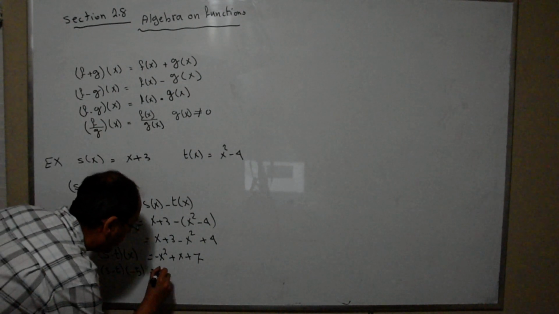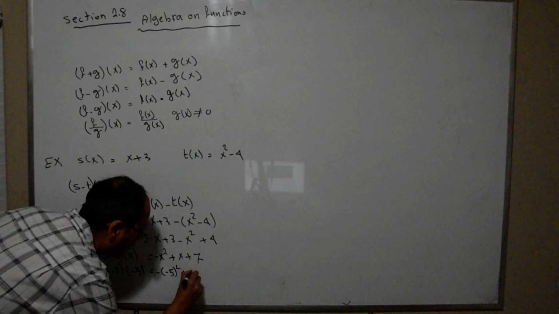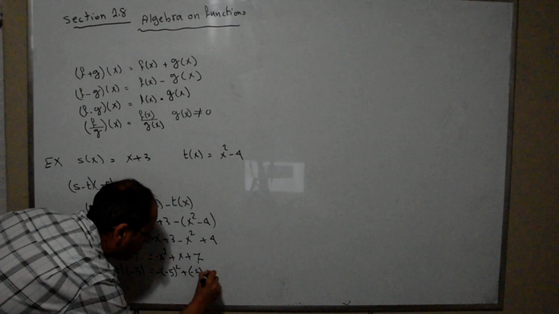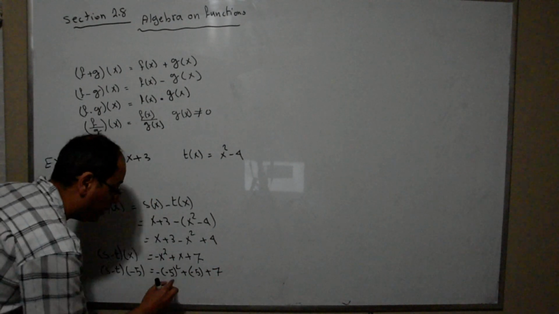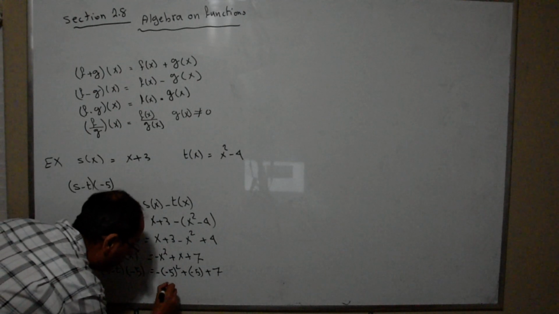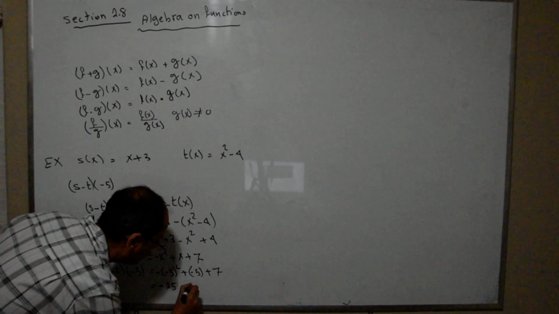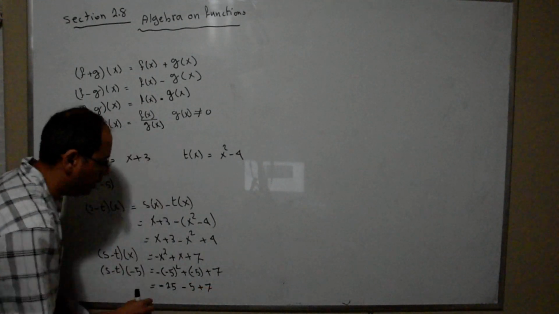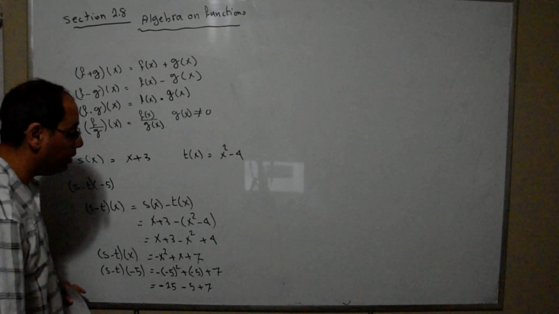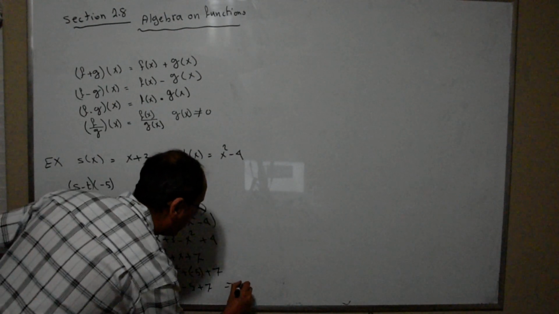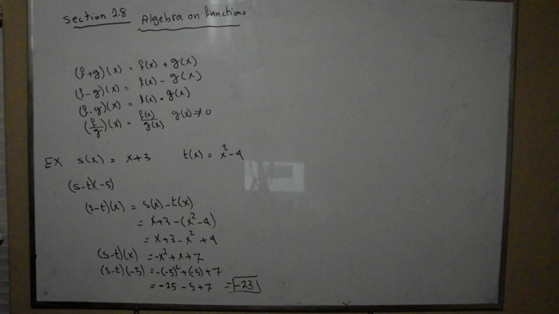So that would be equal to negative 5 squared plus negative 5 plus 7. Negative 5 squared is 25, so minus 25. And here is negative 5 plus 7. So here is negative 25 minus 5 is negative 30, plus 7 is negative 23. So here is the answer.